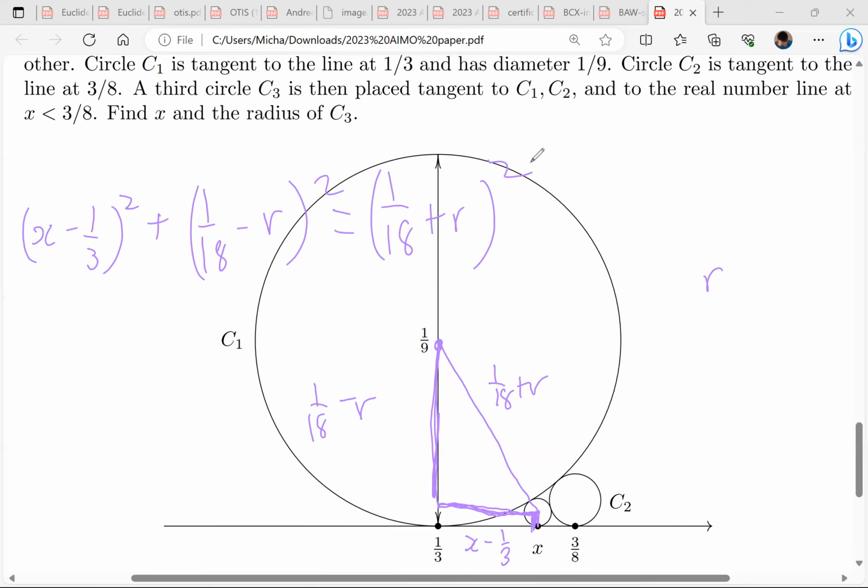Okay. And the thing is, we already know what x is. x is 4 on 11, right? So we're only solving for r, really. Then you put it on the other side. It's a difference of two squares. You get 2r outside of 1 on 9 is equal to 4 on 11 minus a third squared. And what's 4 on 11 minus a third? It's 12 minus 11 on 33, so it's 1 on 33 squared.